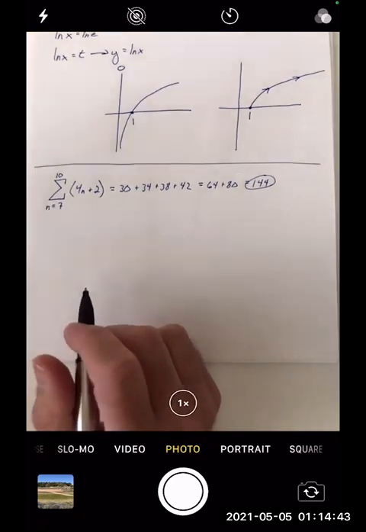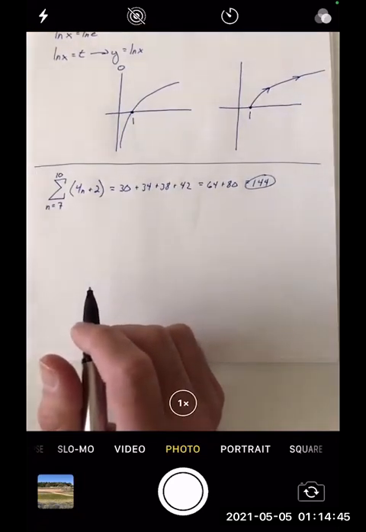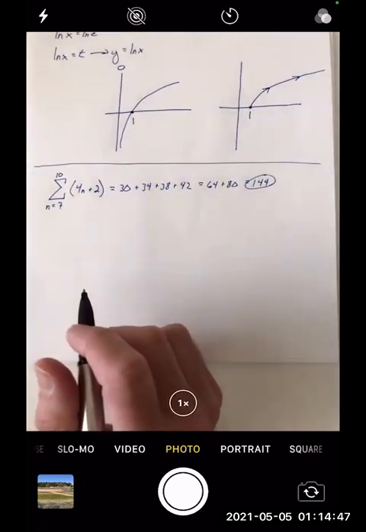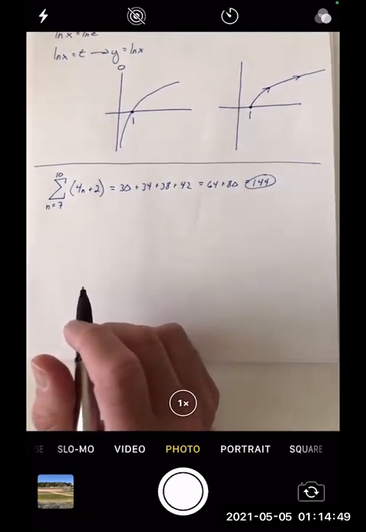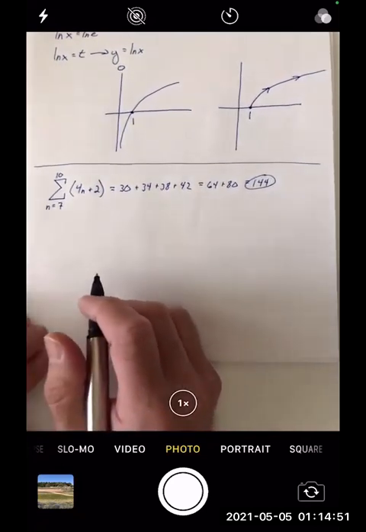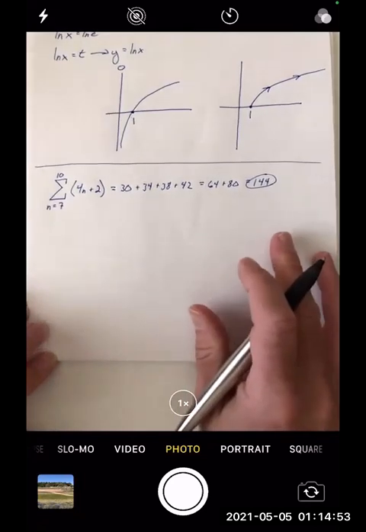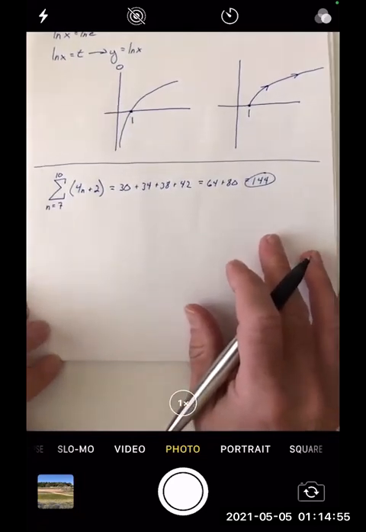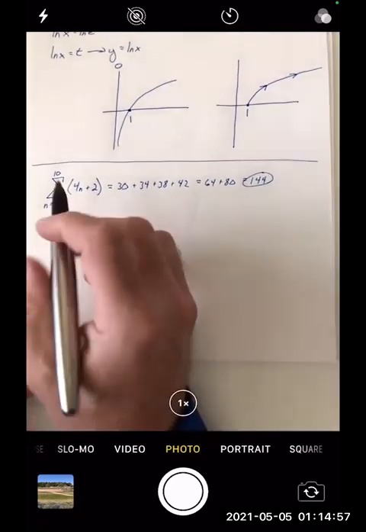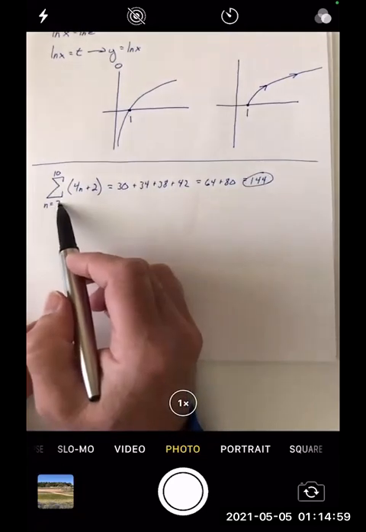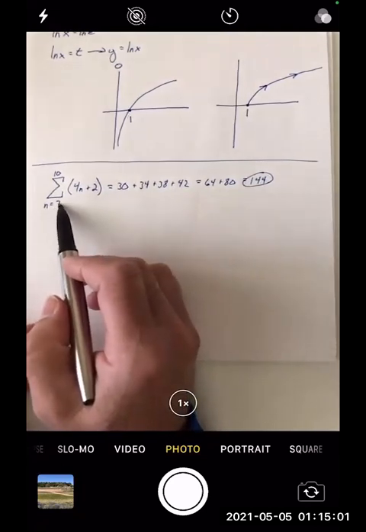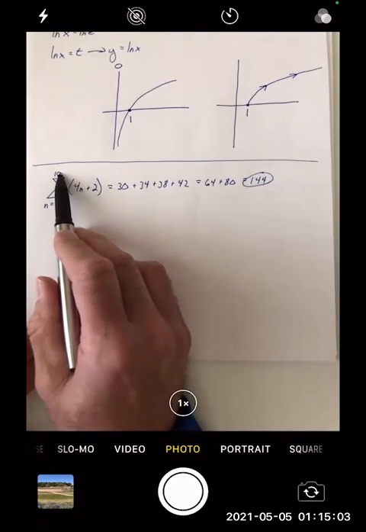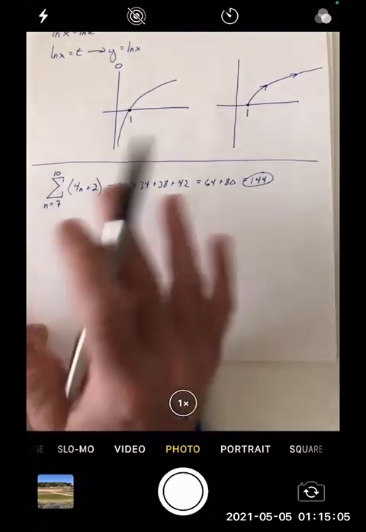How about if it's not the distance from 7 to 10, but it's bigger, like if it went from 7 to 100? That I wouldn't give you.